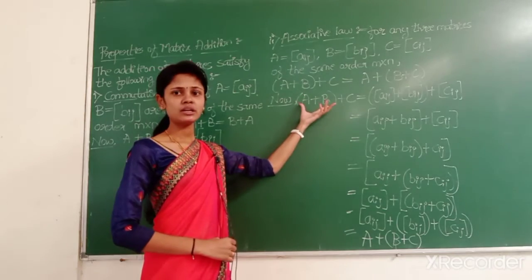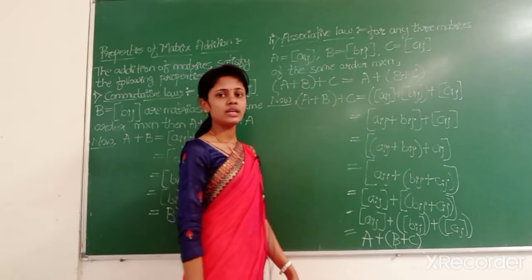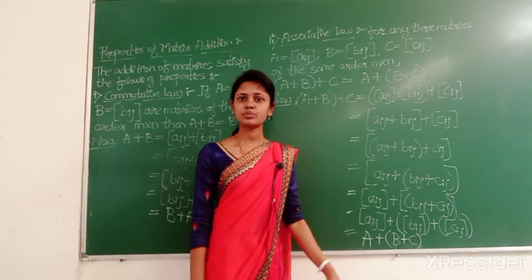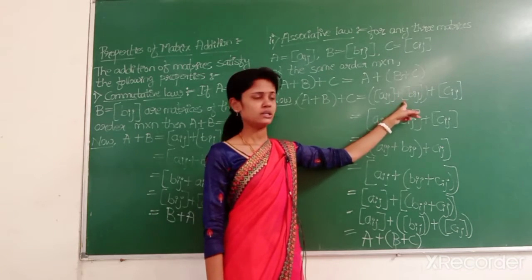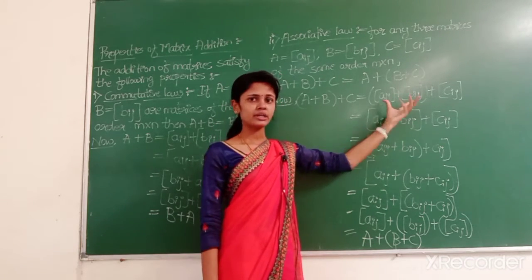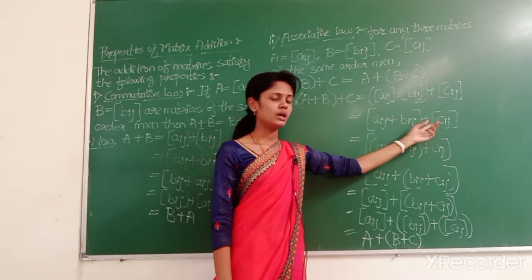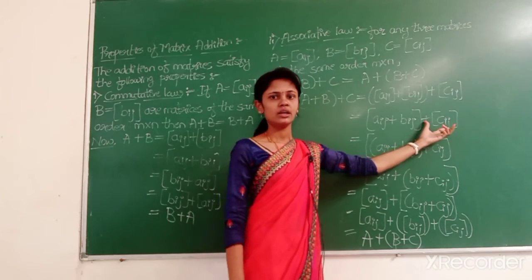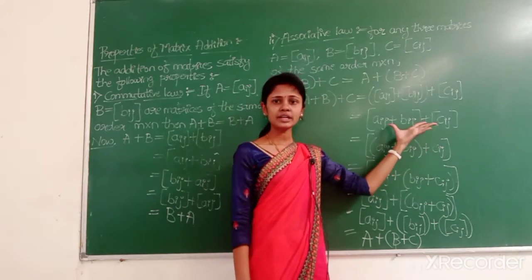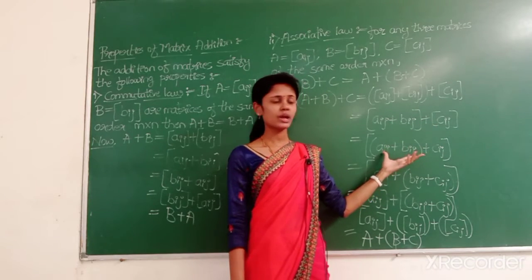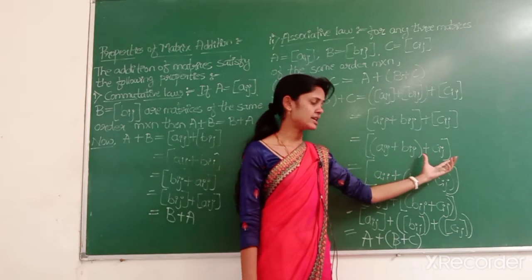Firstly, take (A + B) + C, which is the elements of A, B, C respectively: (Aij + Bij) + Cij. So this can also be written in matrix form as [Aij + Bij] + [Cij], and then this is written as a whole, with the three terms in one square bracket: [Aij + Bij + Cij].